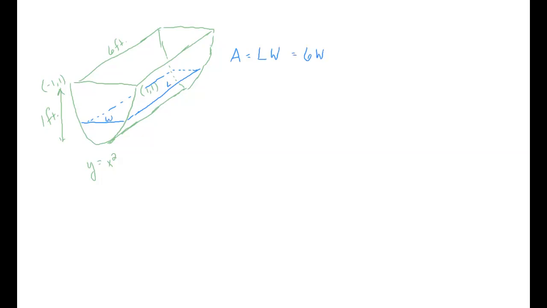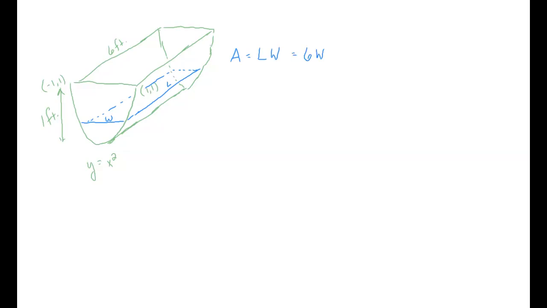And now our job, which turns out to be probably the biggest problem in this problem, is figuring out an expression for the width in terms of where you are along the depth of that water.